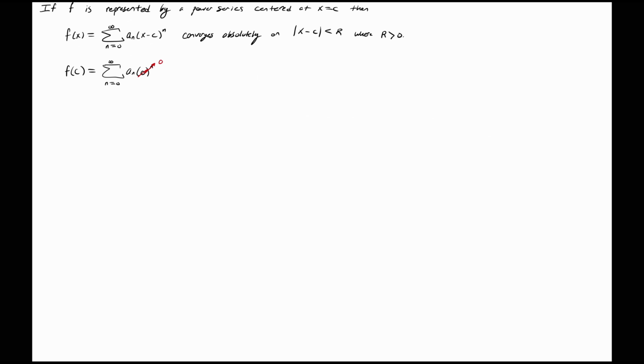But we should be a little more precise, because remember, this n is not fixed; it is varying. 0 to the first power, second power, third power, fourth power, they are all 0. But 0 to the 0 is actually 1. So before we plug this in, it might be useful to think about the power series like this.